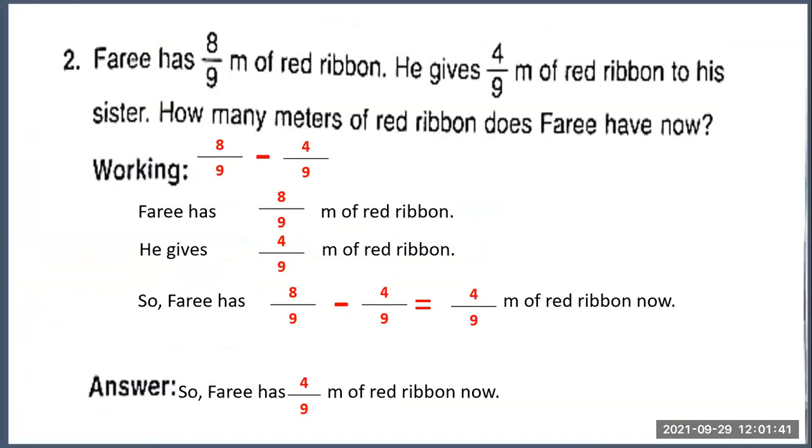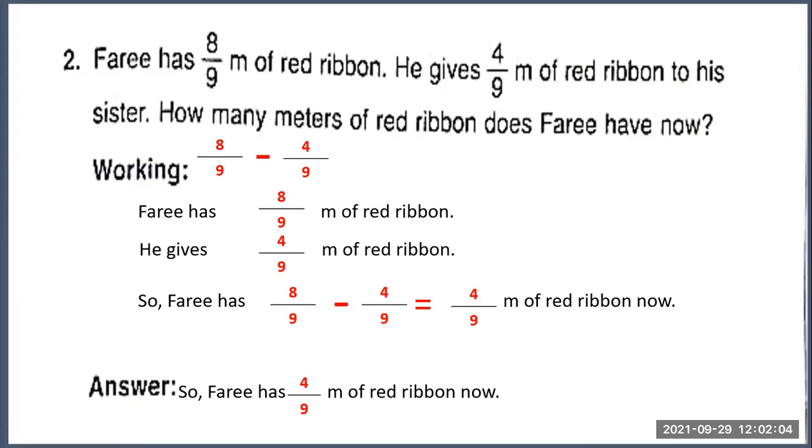Now here, number 2. You can see in number 2 that Fari has 8 over 9 m of red ribbon. He gives 4 over 9 m of red ribbon, m here is meters, to her sister. And how many meters of red ribbon does Fari have now? So we need to subtract because Fari gave some, right?